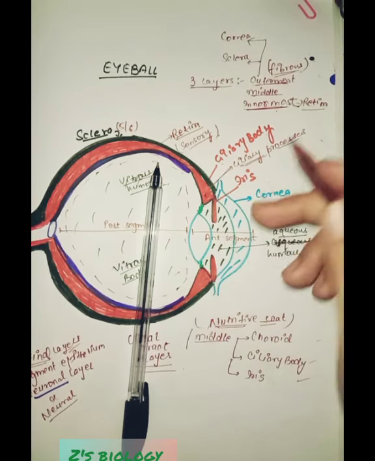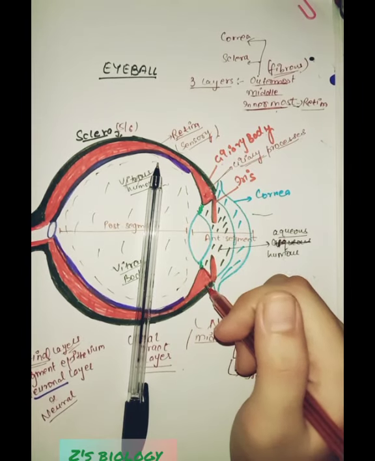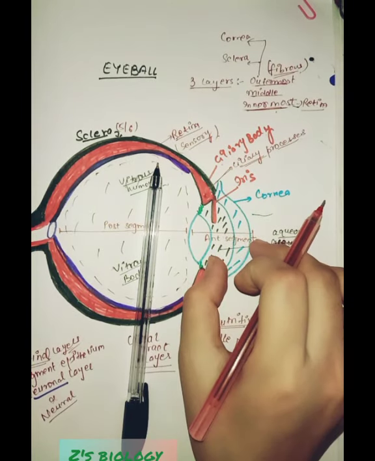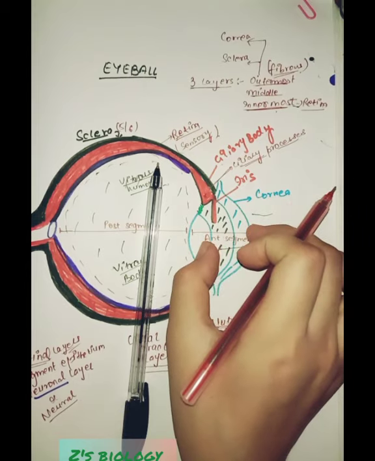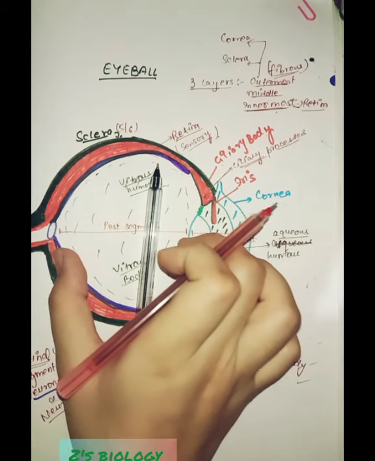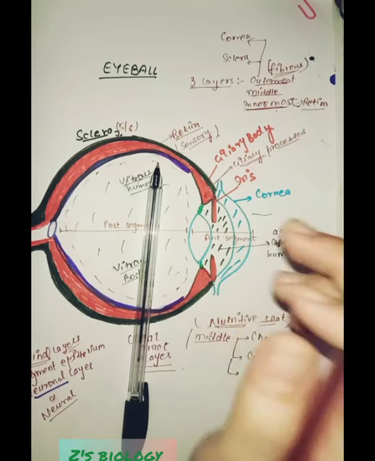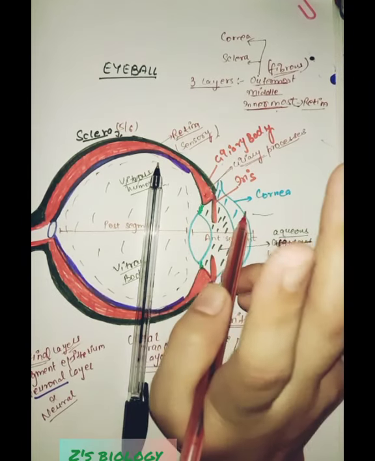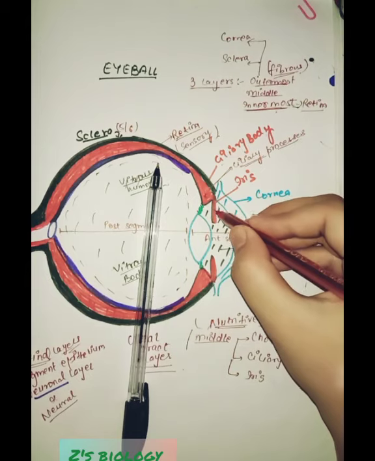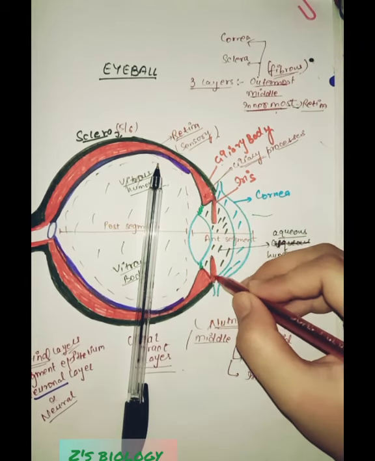Posterior chamber, I haven't talked about it. Let's talk about it now. The anterior segment is from the cornea up till the lens, and the posterior segment is from the lens up till the retina. As you can see, this diaphragm-like structure is called the iris.